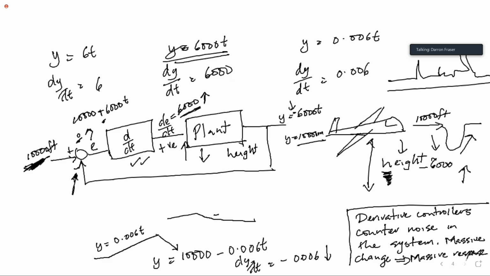But the plane continued descending and they couldn't override it because it wasn't built for human override of the system. So it basically ended up crashing the plane.